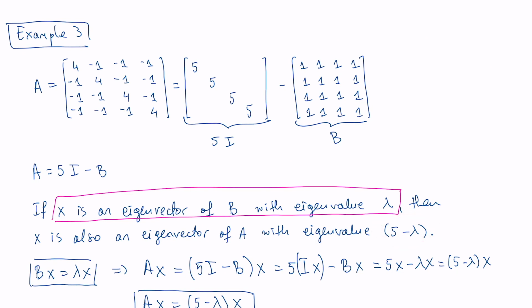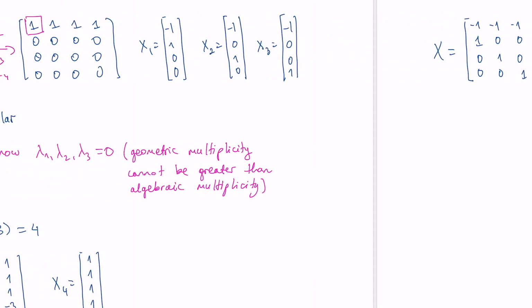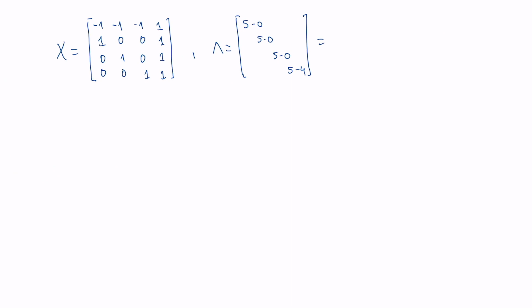So I'm going to have 5 minus 0, 5 minus 0, 5 minus 0, and then 5 minus a 4, right? The last eigenvalue was a 4. So really, we have 5, 5, 5, 1.